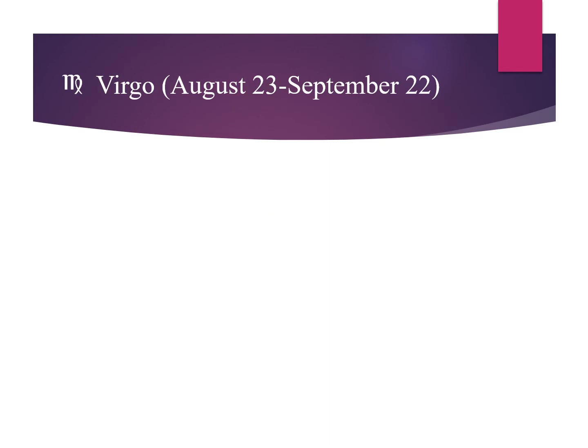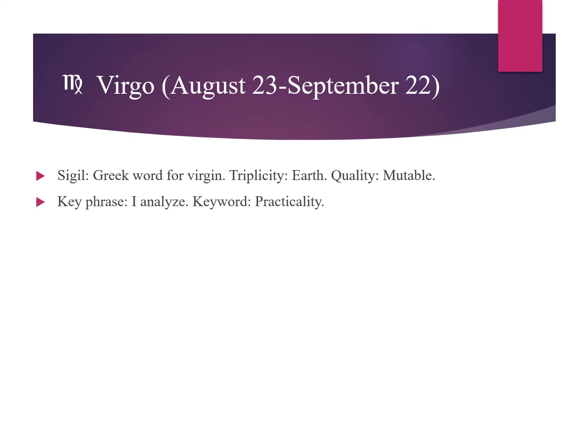Now let's look at the sign of Virgo, which runs from August 23rd through September 22nd. The sigil for Virgo is the Greek word for virgin. Its triplicity is earth, and its quality is mutable. The key phrase is I analyze, and the keyword is practicality.